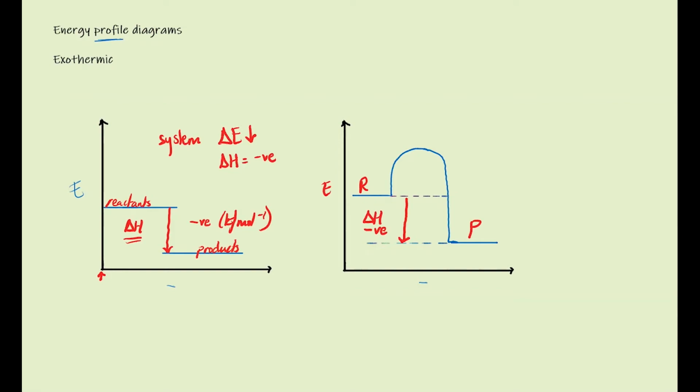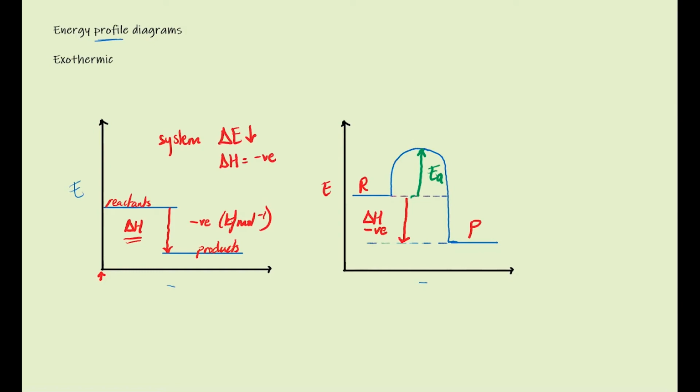Now, we have an addition to our diagram, and we have the difference between the reactant energy and the top of this peak. Again, you will have seen this at GCSE, but just in case you don't know, this is the activation energy.